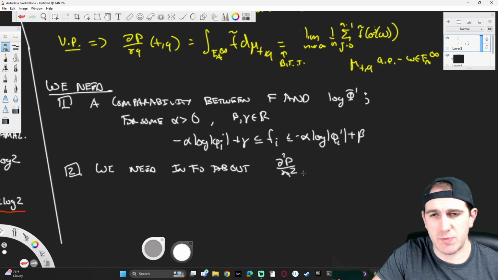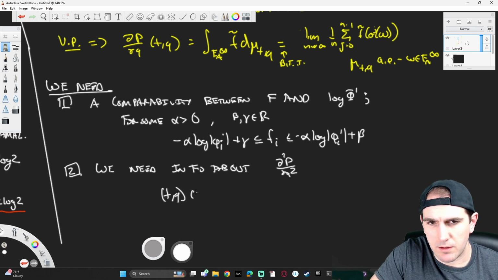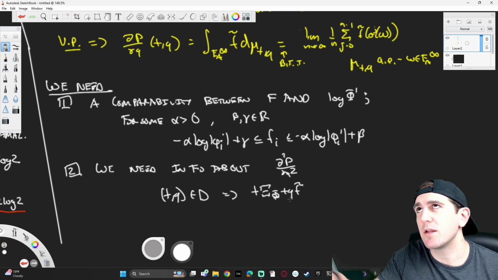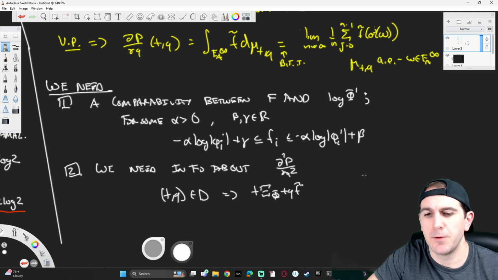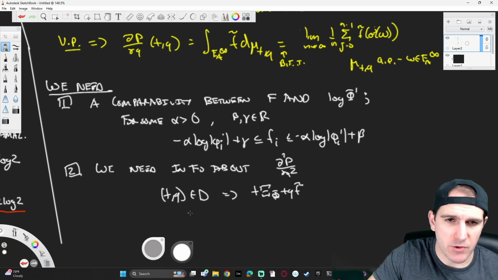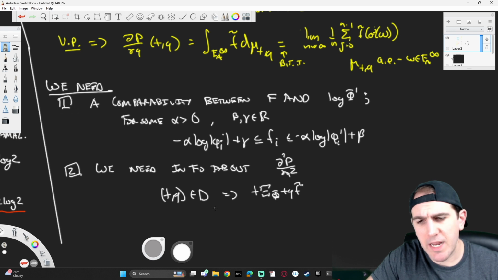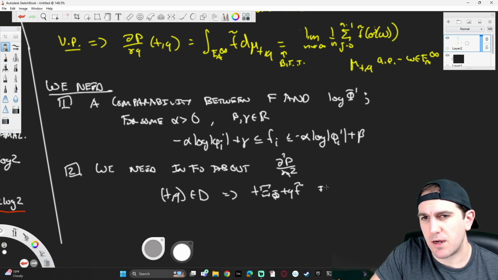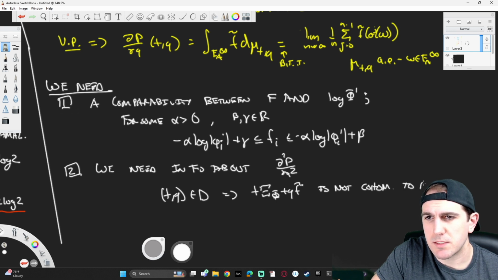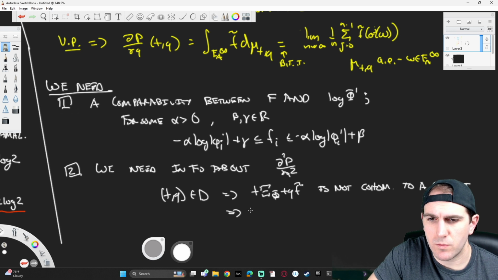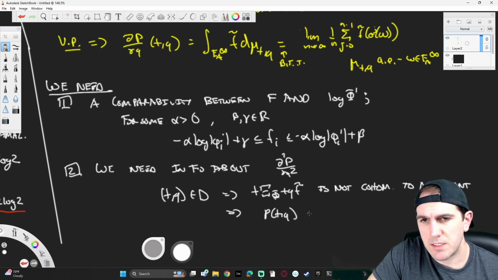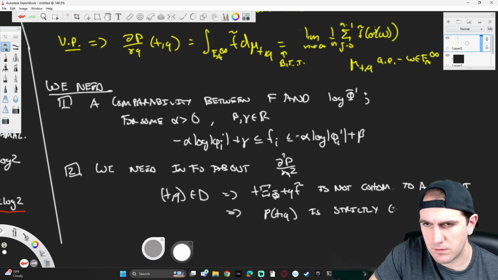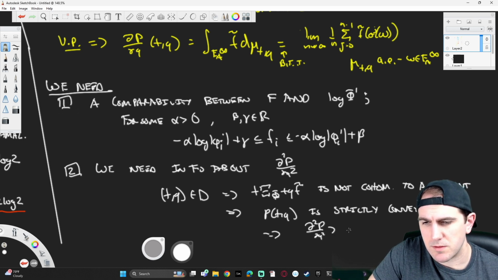So in order to get information about the second derivative of pressure, luckily, for Phi being a finitely irreducible conformal graph-directed Markov system that satisfies the strong open set condition, and F being a Hölder family of potentials, and whenever you have TQ within your Manhattan region, if this amalgamated function is not cohomologous to a constant, this will imply that P of TQ is strictly convex on D, which means that the second derivative of pressure is greater than 0 always.